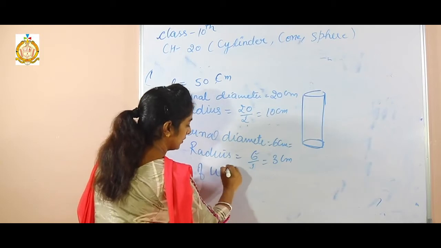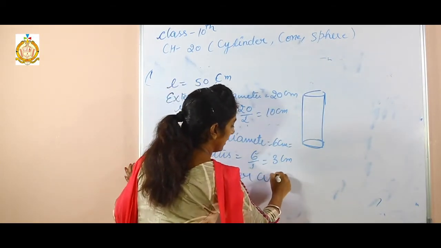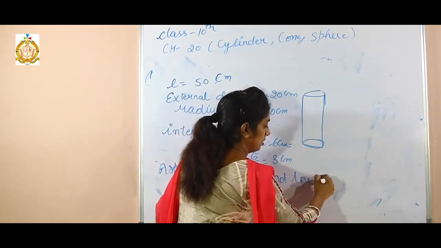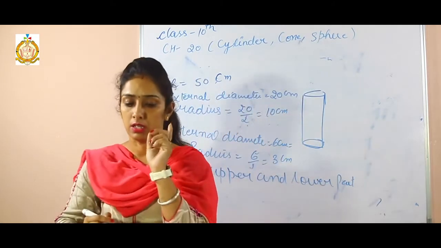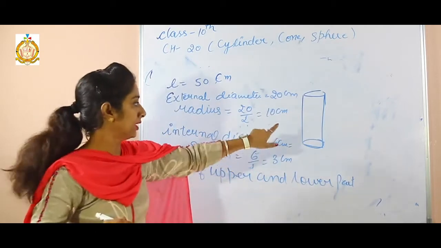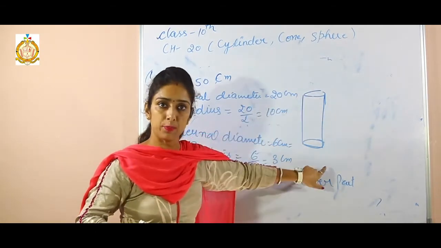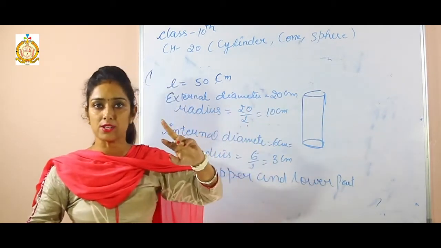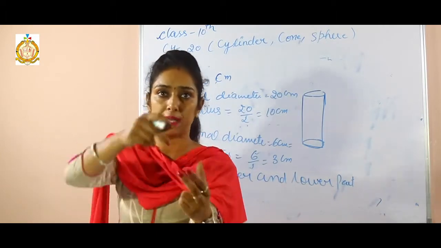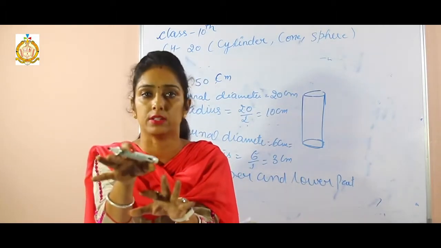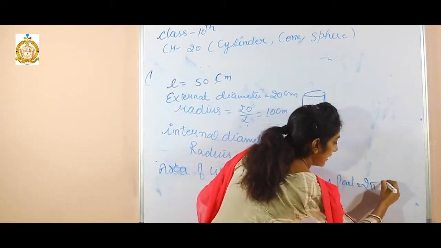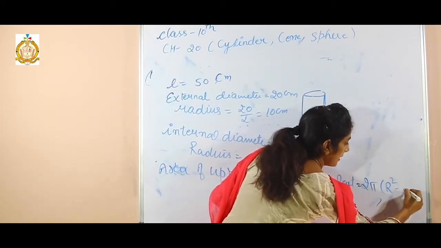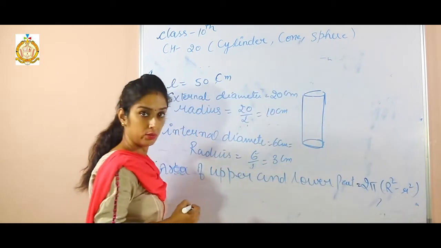First of all, you have to find the area of upper and lower part, right? Now see, that is pi r square and pi r square, means 2 pi r square, but it is an open pipe having some internal and external radius. So this is 2 pi (R square minus r square), right?